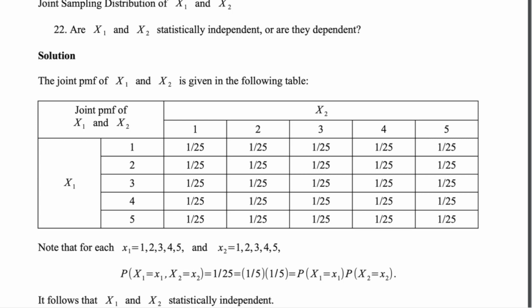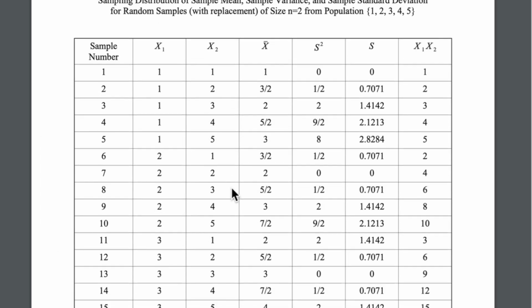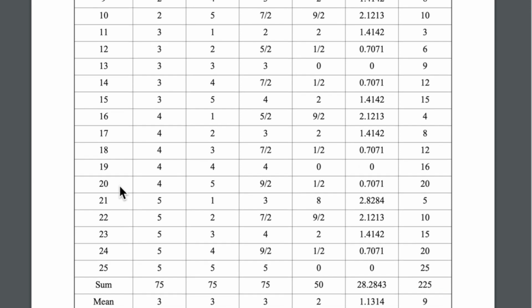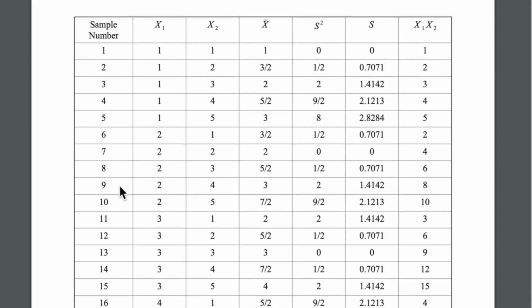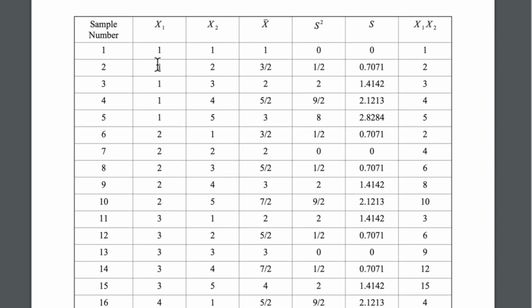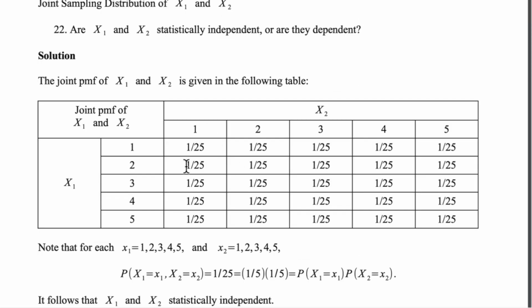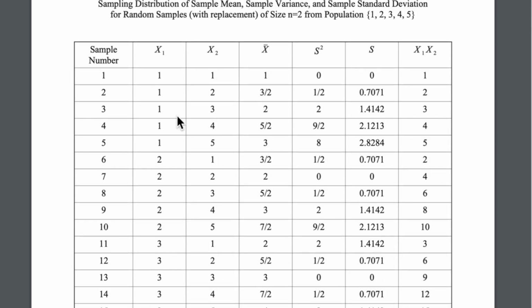Now, based on the fact that we are sampling randomly, all 25 possible samples are equally likely. Each one of these rows corresponds to a cell in the body of this table, and there are 25 cells in the body of this table, each one corresponding to one of the 25 possible samples.